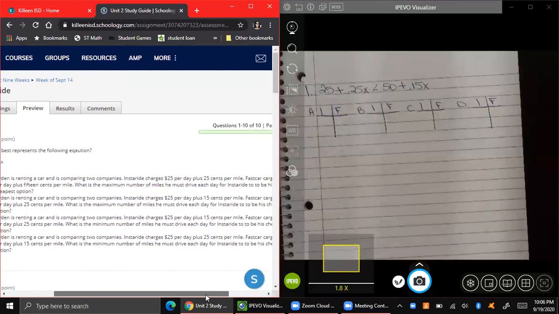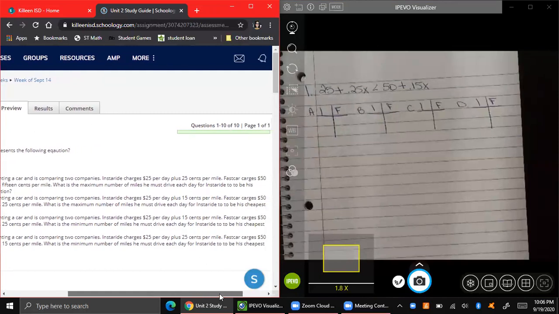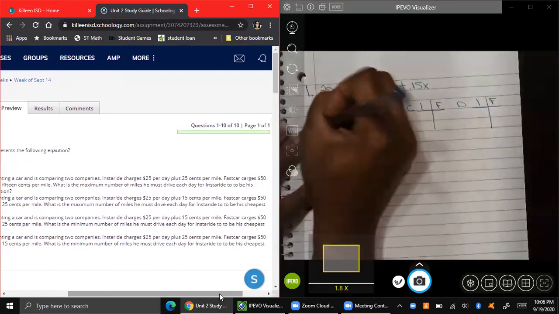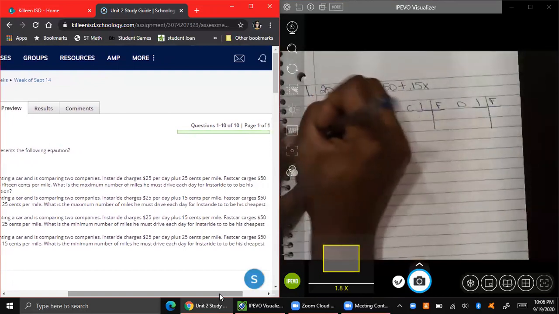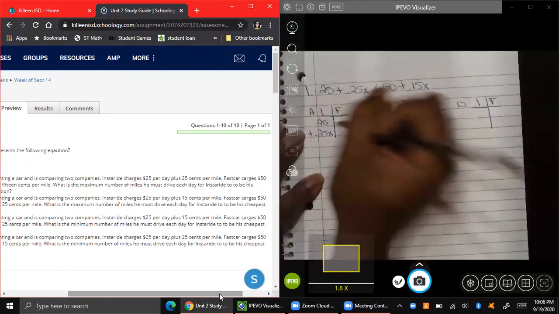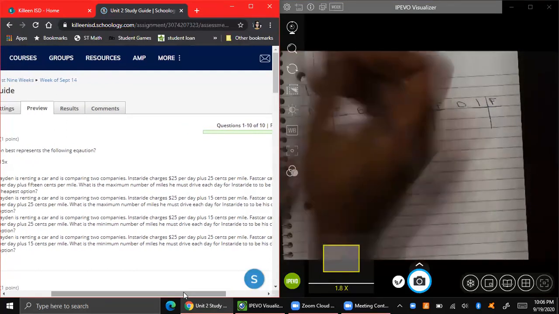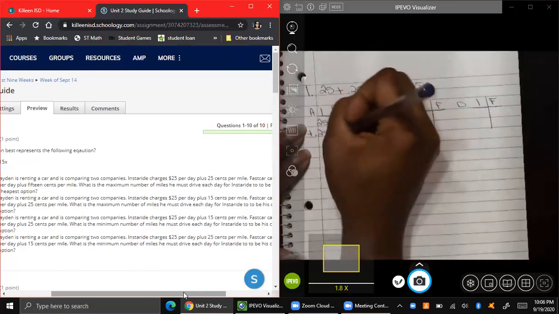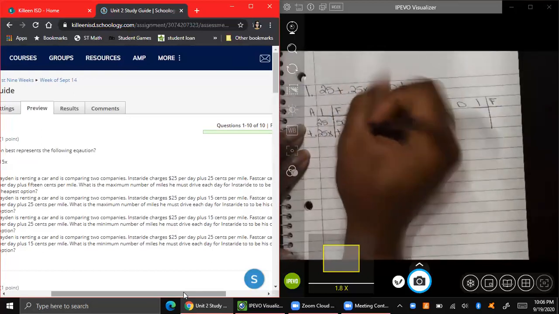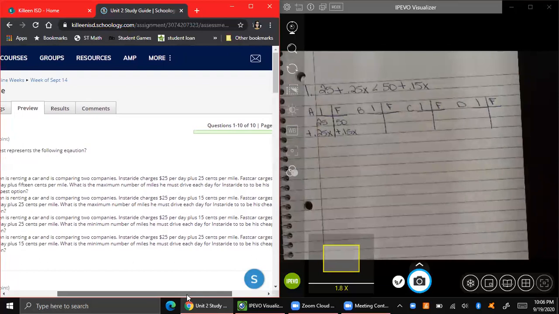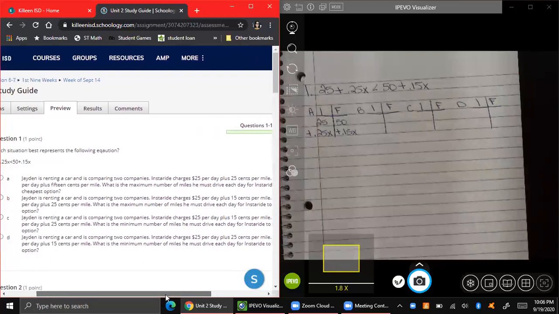Okay, it says that InstaRide charges $25 per day plus 25 cents per mile. And Fast Car charges $50 per day and 15 cents per mile. What is the maximum number of miles he must drive each day for InstaRide to be his cheapest option?